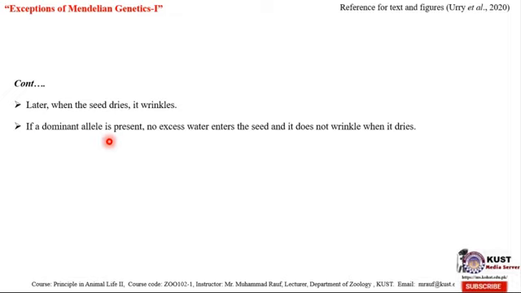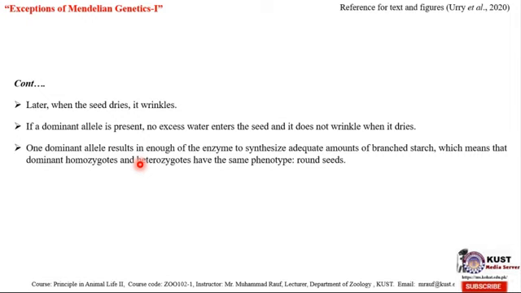If a dominant allele is present, no excess water enters the seed because the unbranched starch is converted into branched form, and the seed does not absorb water.